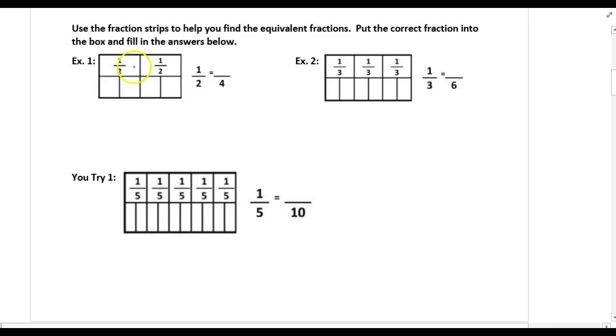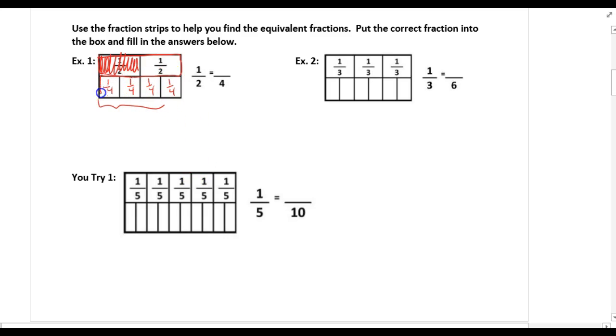If I look here, this rectangle was broken up into 2 boxes, and each box is the same size, which means this represents 1/2 of the top rectangle. If I look down here, right, this bottom rectangle was broken into 4 equal parts, right? So this represents 1/4, this represents 1/4, 1/4, and 1/4.